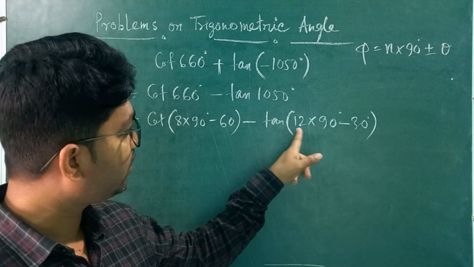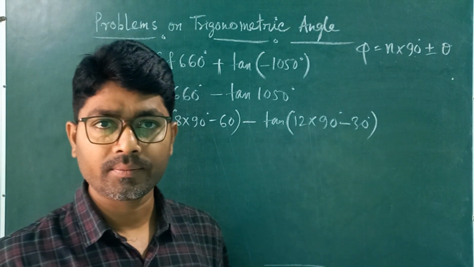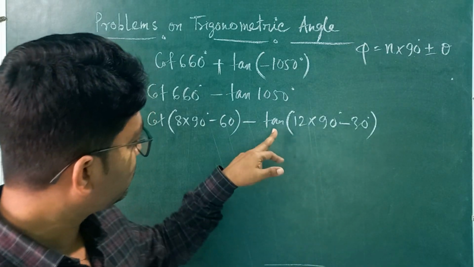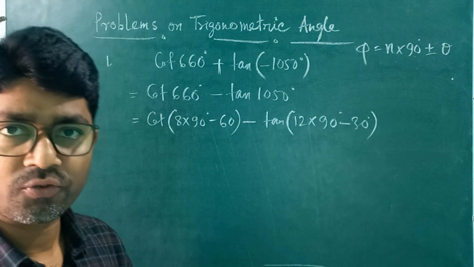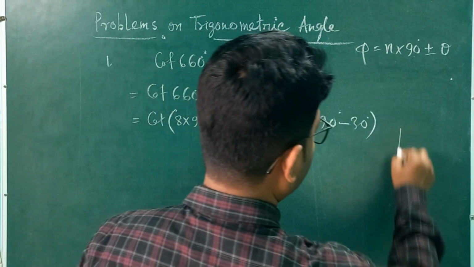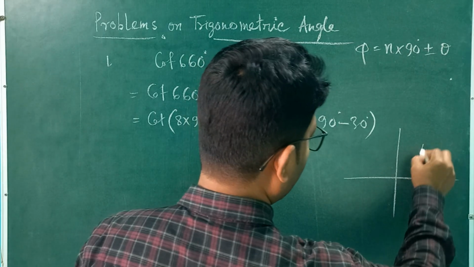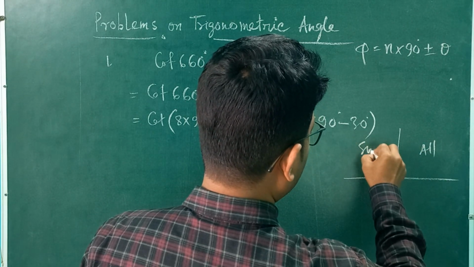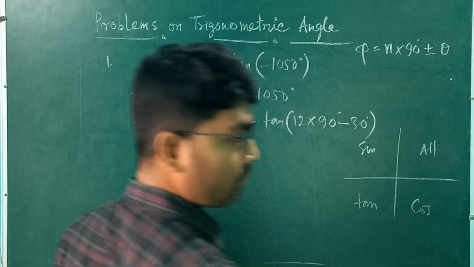So what is the advantage of taking even multiple of 90? If you take even multiple of 90, then this trigonometric ratio will not change. This tan becomes tan, this cot becomes cot. Now what is our rule? We will take the all sin tan cos rule.